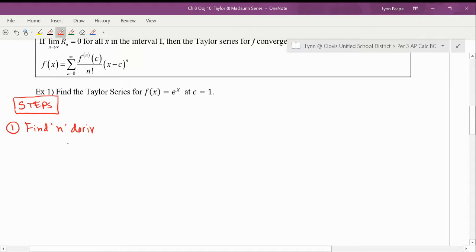When we find those n derivatives, we don't really know how many to find, but we want to find enough to see a pattern. So we're going to find n derivatives and evaluate them at c, and we're going to do that enough times to see a pattern.